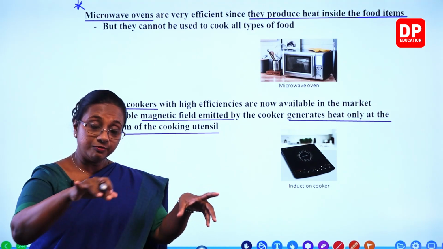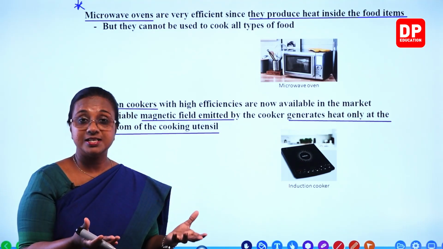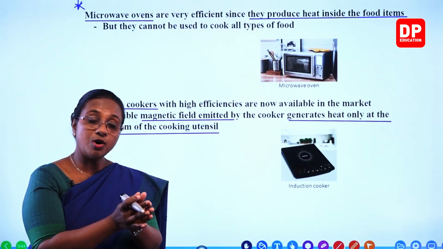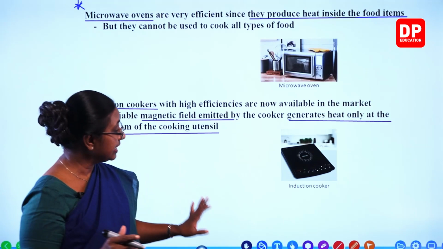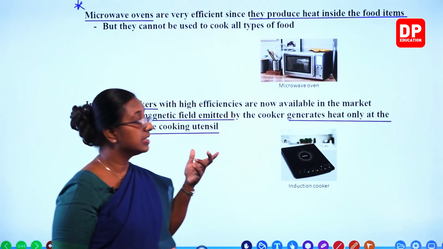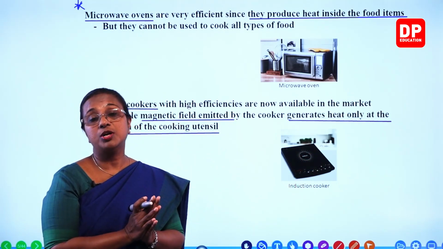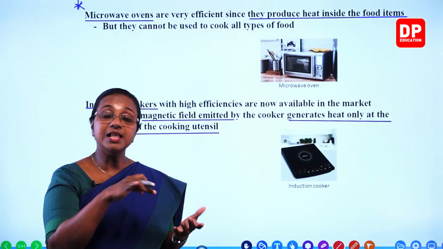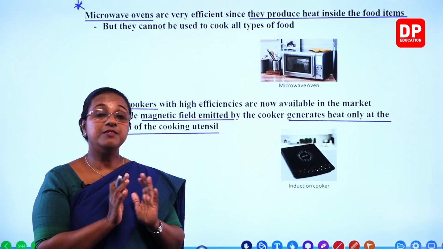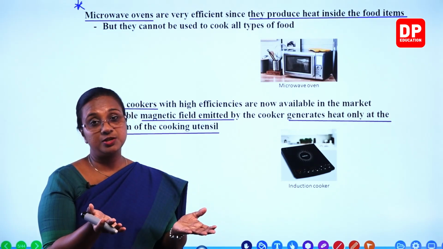Now hot plate, the full heating element generates heat. Whether you have a small vessel or large vessel, it doesn't matter. But here, this generates heat only at the bottom of the cooking utensil. So, you have a small utensil, heat is produced there. If you have a larger one, heat is produced there.